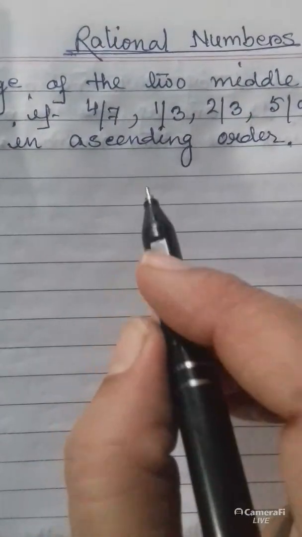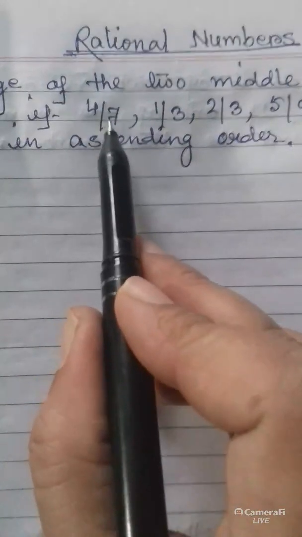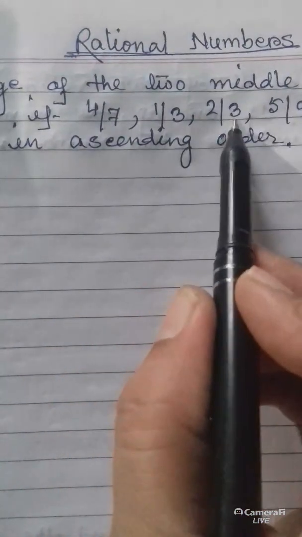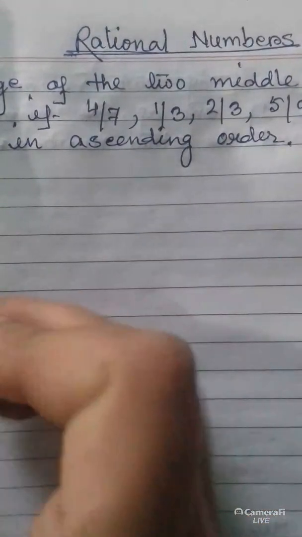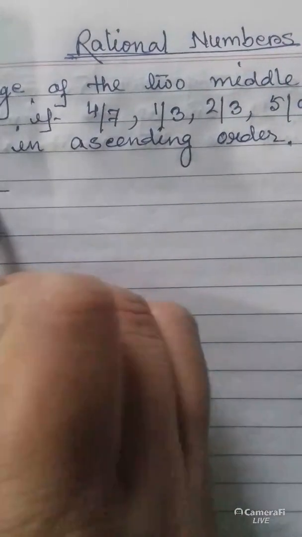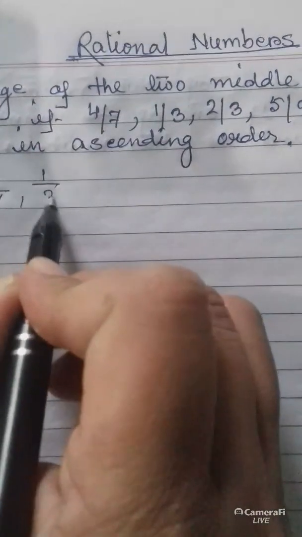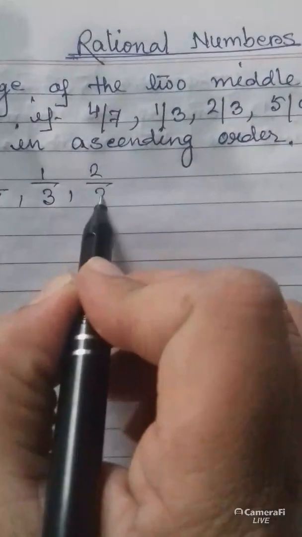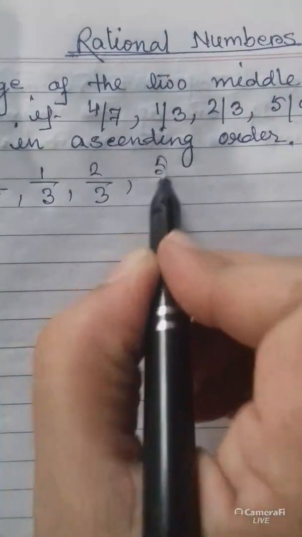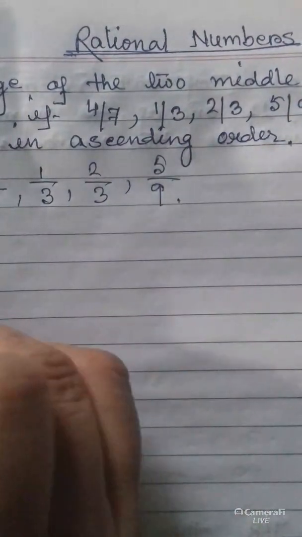Now first we have to find the LCM of 7, 3, 3 and 9. We have 4/7, 1/3, 2/3 and 5/9.